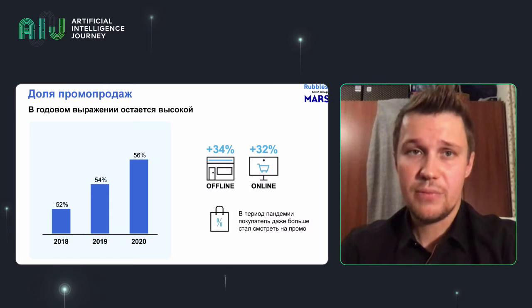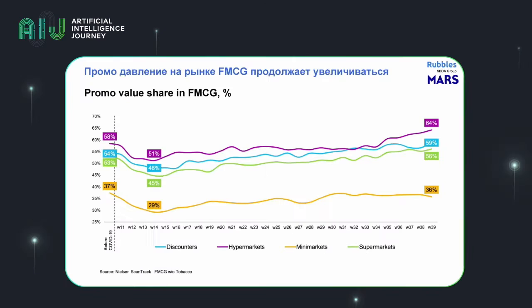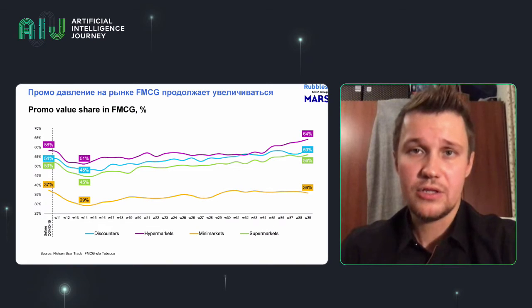If we look at the statistics, the share of promotion campaigns is growing. The buyers now start hunting for promo campaigns, both online and offline. If we look at the share of promo in FMCG, we see that this percentage is quite significant, and even though there was a certain slump, it quickly recovered.